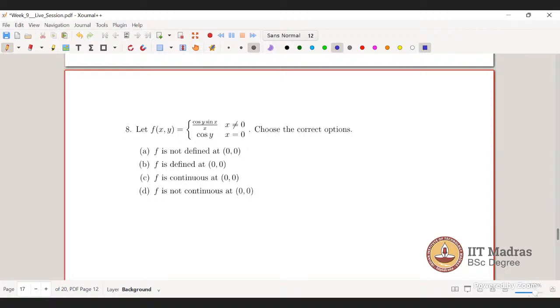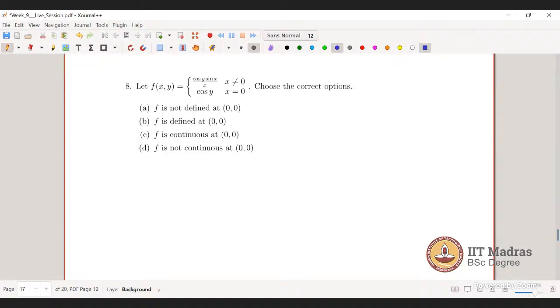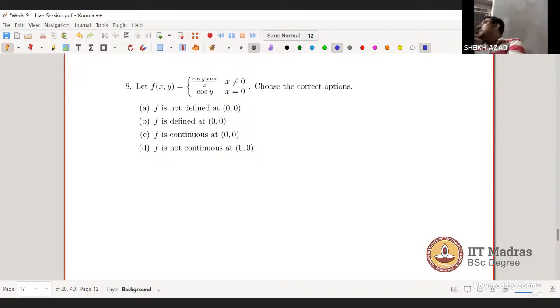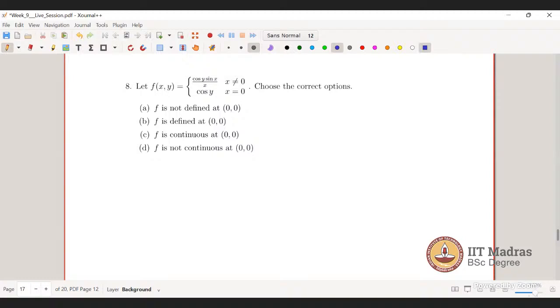So we can take the product and calculate the limit as (x, y) goes to (0, 0). Please explain it, sir. Certainly, I'm going to discuss.